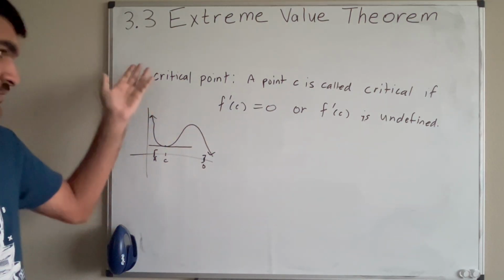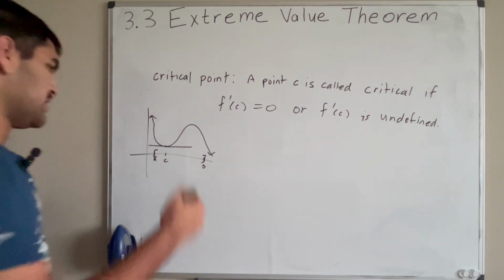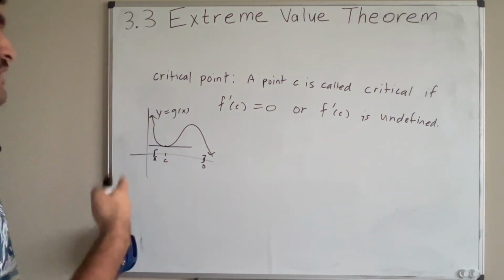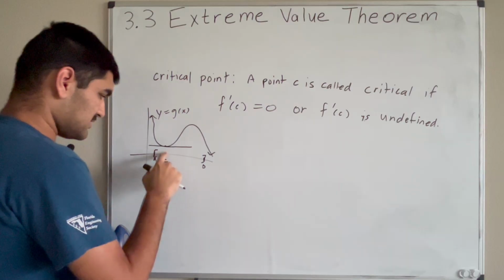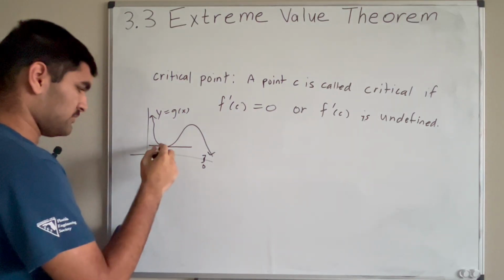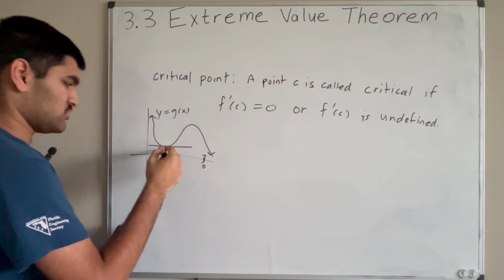By the extreme value theorem we just discussed, this function, let's say it's y equals g of x, is guaranteed to have a minimum and a maximum value. Notice that at c it has a minimum value, because the slope of the tangent line here is 0. It just happens that the slope of the tangent line is 0 and it is also a minimum value.